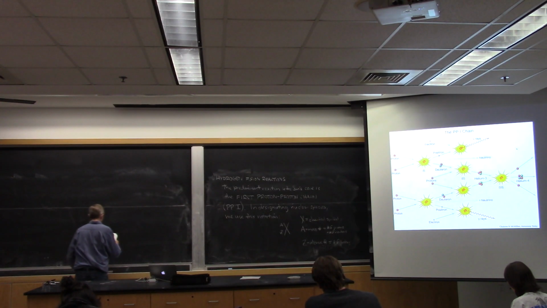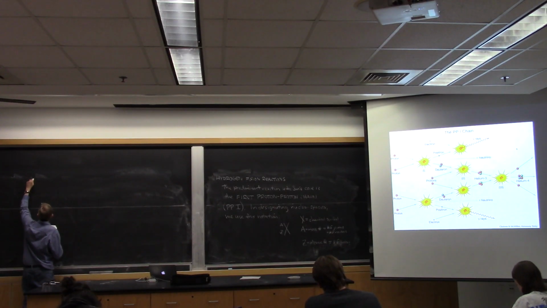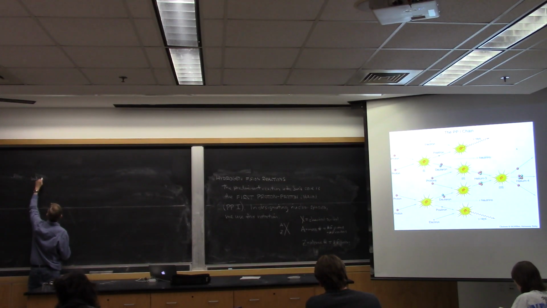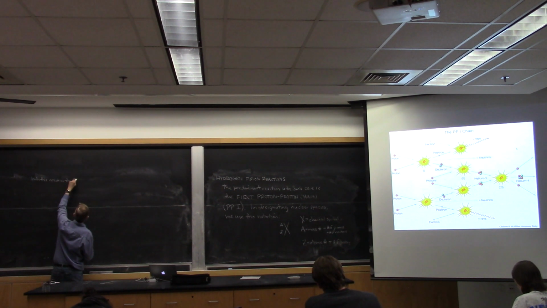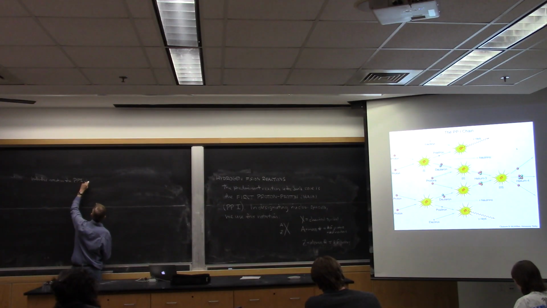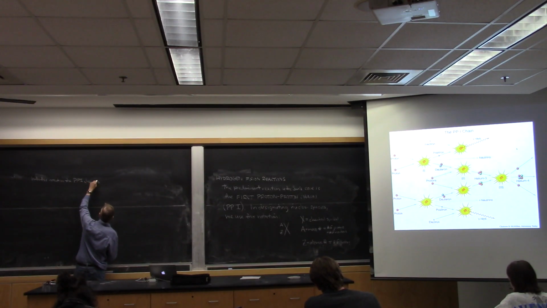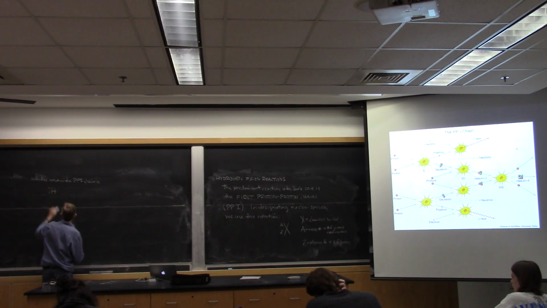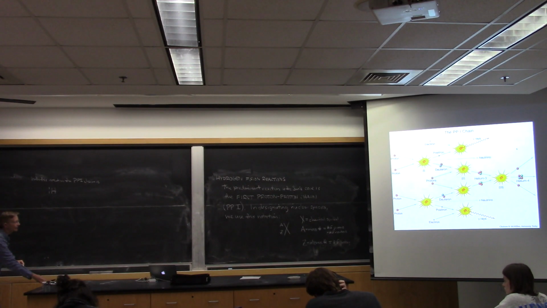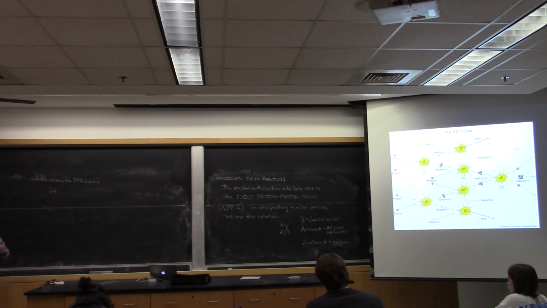So, with this notation, the PP1 chain starts with 1,1H. What is that thing? What is a 1,1H?